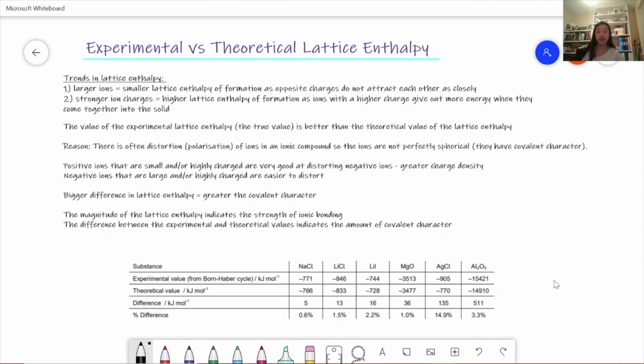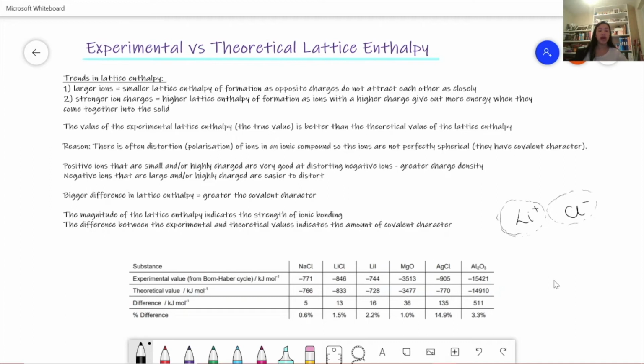And so what happens is that you have the lithium plus ion and you have the chloride ion, but because the lithium plus is better at polarizing, that means that electrons will be more gathered towards the lithium plus ion, and so there will be some distortion.